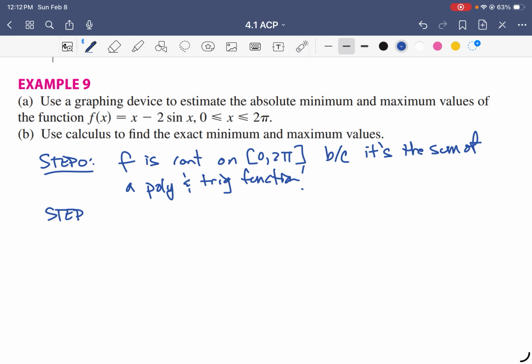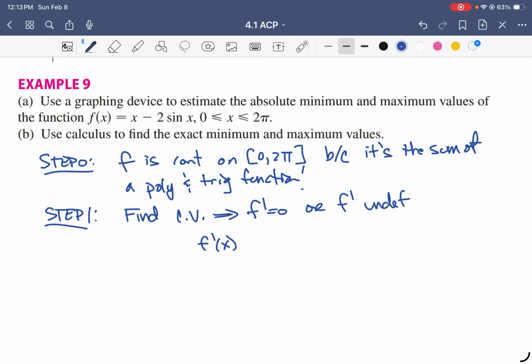So step number 1 is to find the critical values. And that's where the derivative equals 0 or the derivative is undefined. We take the derivative of this function, and I think you can very quickly see that that gives us 1 minus 2 cosine x.